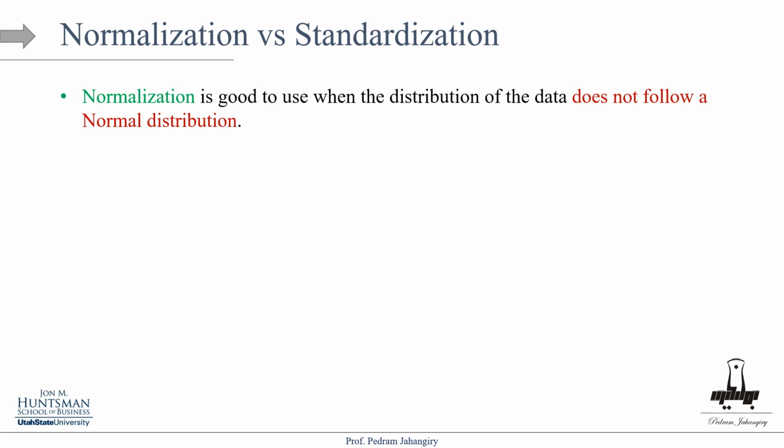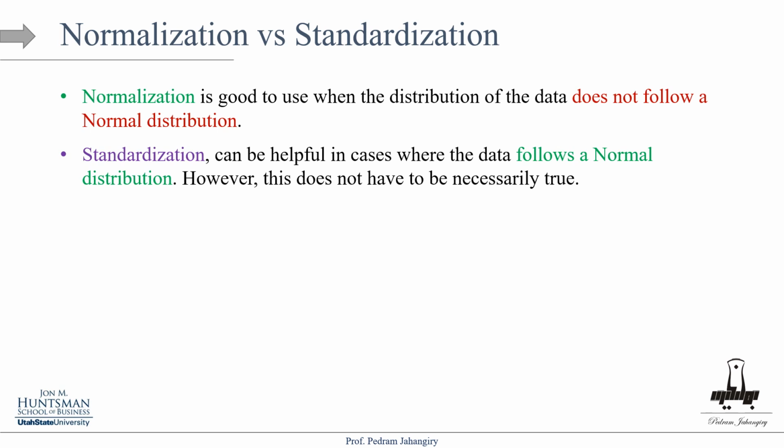The first one is that normalization is good to use when the distribution of the data does not follow a normal distribution. Guys, remember that normalization necessarily has nothing to do with normal distribution. Remember, one of the examples was min-max scalar, right? And if the data does not have a normal distribution, maybe normalization is going to be a better fit.